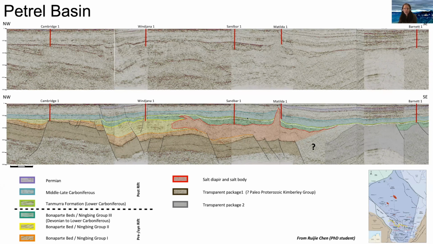This section shows that they are strongly faulted, and the displacements by extensional faults have large throws of up to 1 kilometer. The fault blocks are eroded and overlain by Carboniferous sediments, suggesting that the extension was short-lived. There are also salt diapirs and salt bodies, which based on stratigraphic relationships suggest that they are Devonian in age.